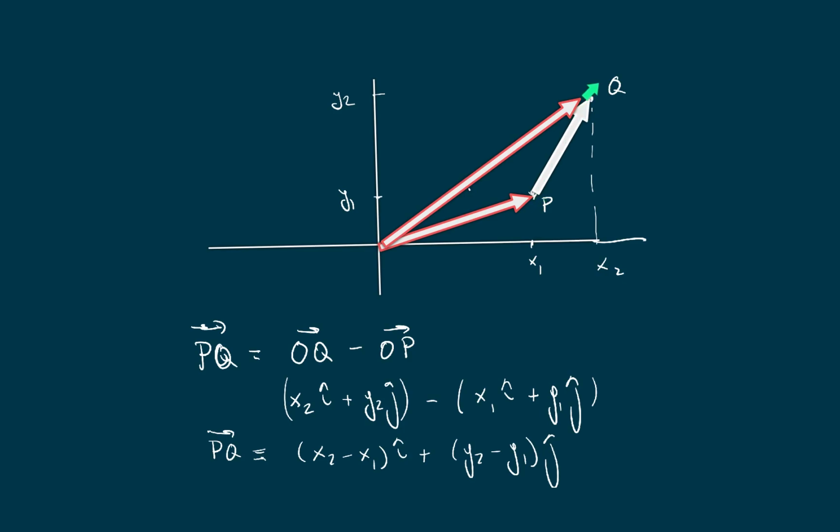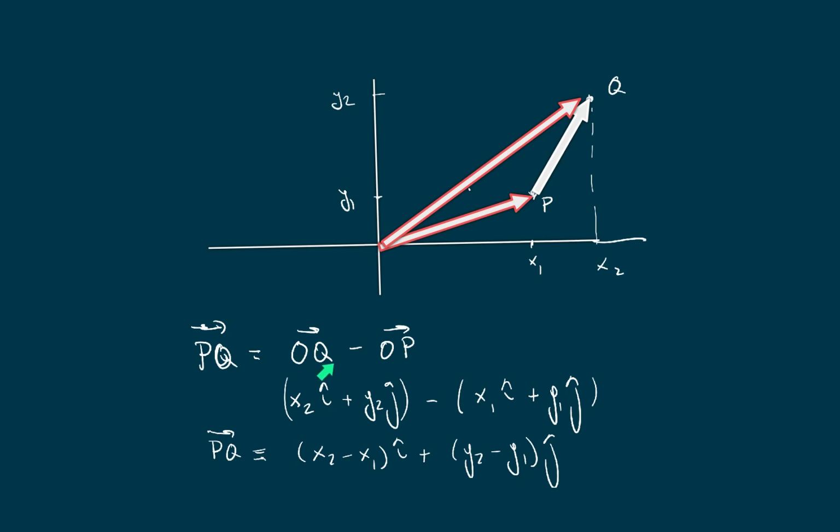The vector that goes from P to Q is the vector OQ minus OP. So the vector PQ is the vector OQ minus OP. Why? Because this is C, this is A, this is B. B is C minus A.